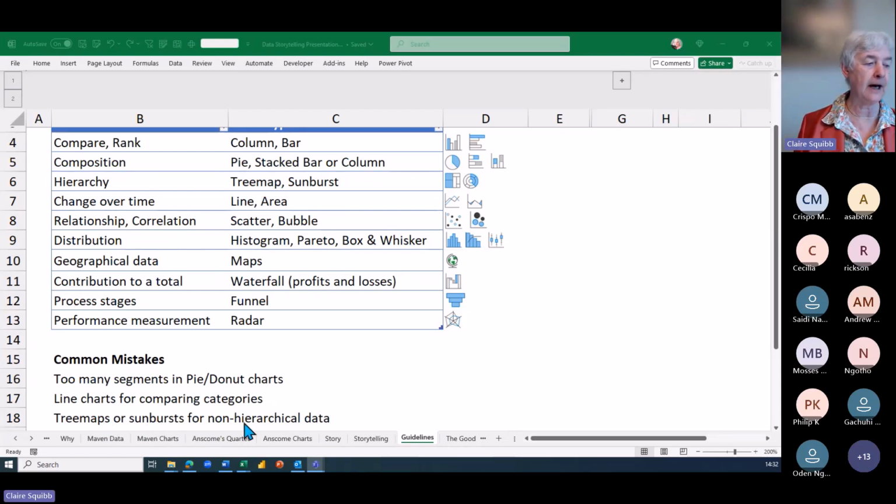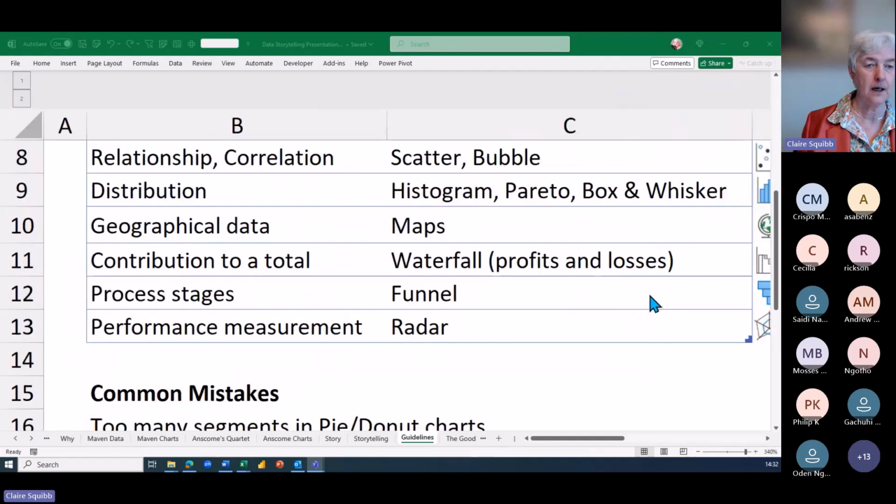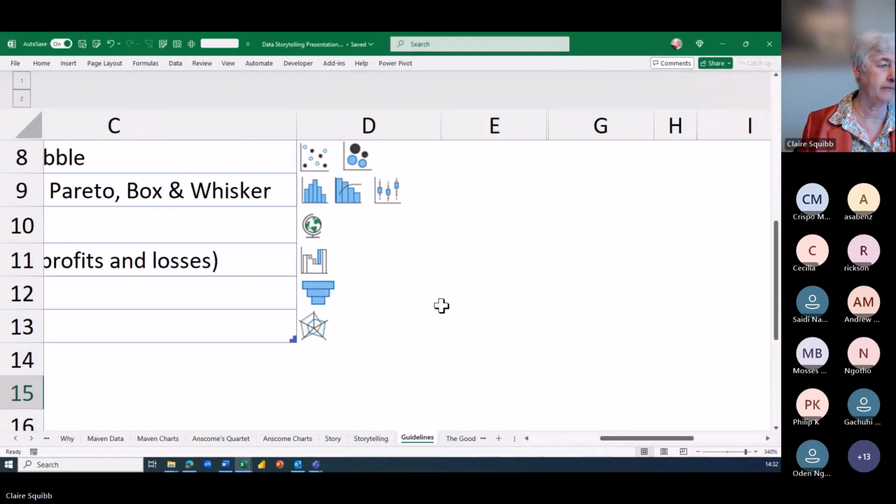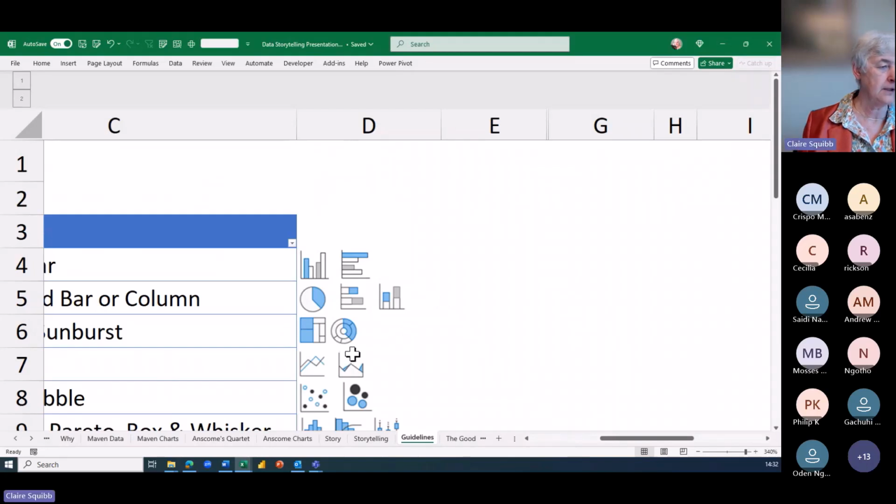Don't use tree maps or sunbursts for non-hierarchical data. I'm just going to zoom in quite a lot more here and show you that little image of a tree map. If you look at a tree map, it's a rectangle divided into sub-rectangles.